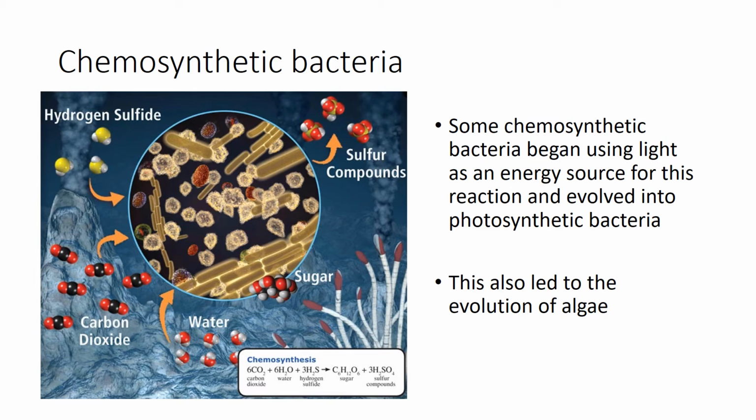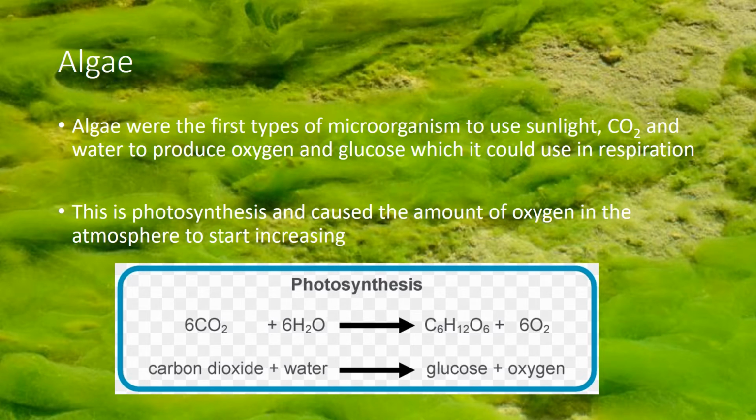So that photosynthetic bacteria then led to the evolution of algae. So algae was one of those first types of microorganisms to use sunlight and carbon dioxide and water to produce oxygen and glucose, which it could then use in respiration. So it's the first time we've got oxygen now being produced.